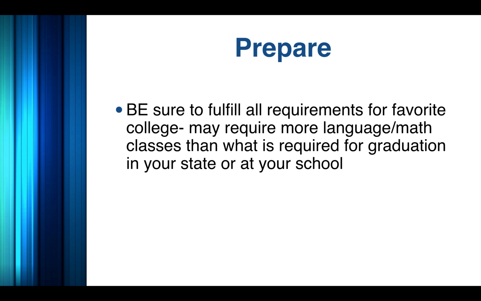So your high school may require just 3 years of math or just 3 years of English. However, the college that you're trying to apply to may require 4 of both. And so that senior year, you would have to take another English and another math to meet those requirements for the out-of-state college that your child would like to go to.